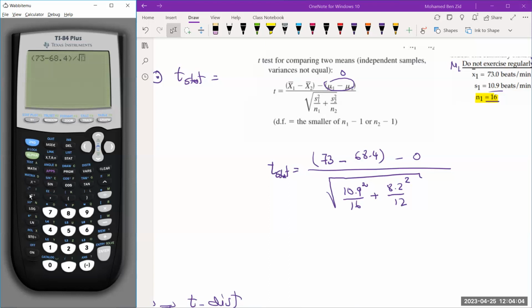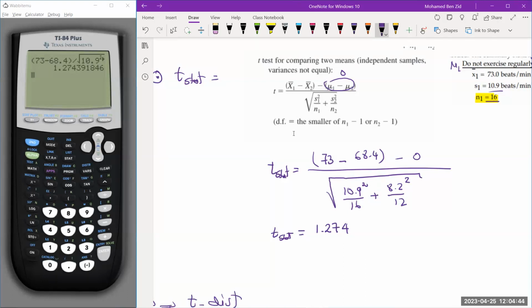Second, squared, and then 10.9 squared divided by 16, and then plus 8.2 squared divided by 12. Keep this. Okay, so that's going to be 1.27.